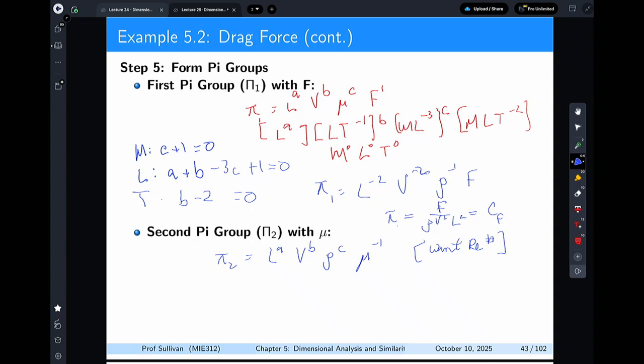So I have m to the minus 3c, and I have m to the 1, or m to the c plus 1. Sorry, but I don't really understand how, in the original equation, there isn't any rho here, but there's a mu here. How do you get a rho result?